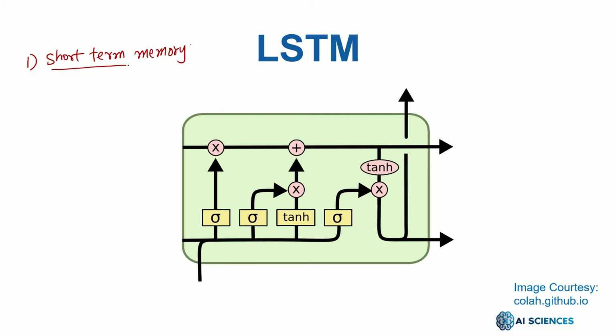It turns out that the internal state of a neural network can be thought of as short-term memory. For example, the activations of the neural network at time t minus 1 can be thought of as short-term memory for time t. There are multiple ways of modeling short-term memory.